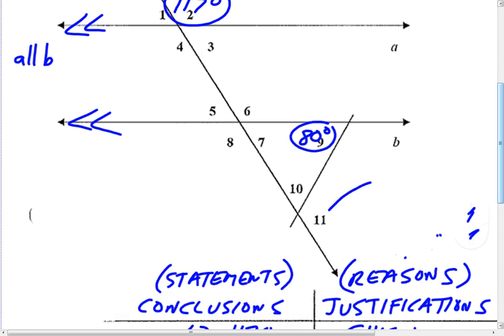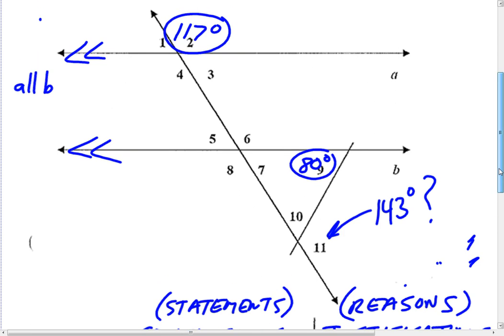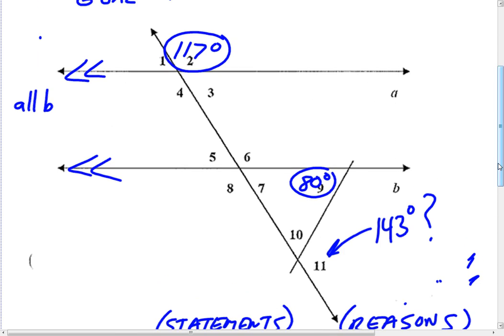So I'm going to put an arrow down here at angle 11, write 143, and put a question mark. I'm not going to circle that one. I don't know if it's true yet. Most of the time, it is true, unless we're doing an indirect proof, which we'll get to later. Your job is to get from here down to here and somehow prove that that's 143.